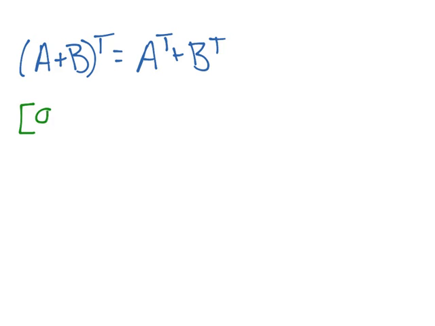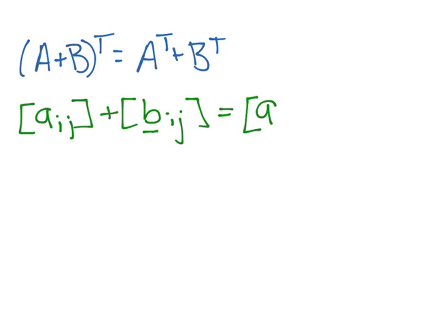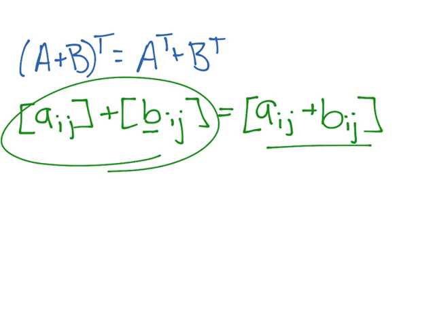Well, if we were to represent the matrix A with this term right here, and the matrix B in a similar manner, but with B instead of A, of course, and we were to add them, well, the resulting matrix will have each one of its entries as the addition of the two corresponding entries in this matrix.